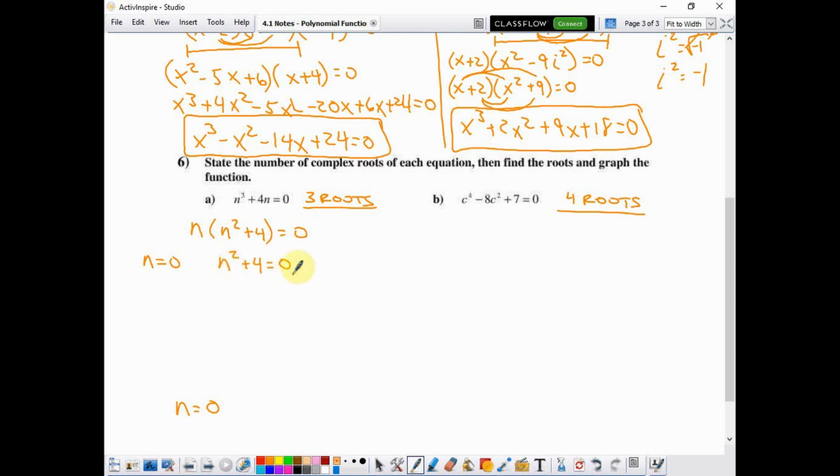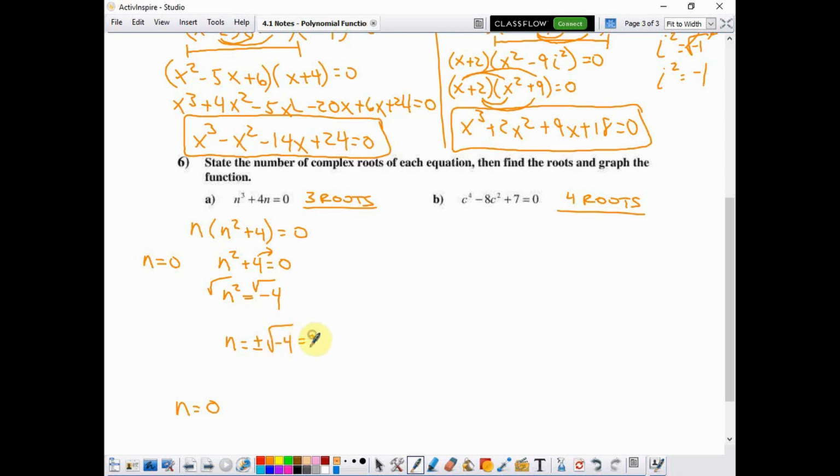Solve this equation to find the other 2 solutions. We'll move this over here. So n squared equals -4. And then take the square root of both sides. Anytime you do a square root, your answer is going to be plus or minus. So n equals plus or minus the square root of -4. Now that -4 under a radical, I'm going to split that up.